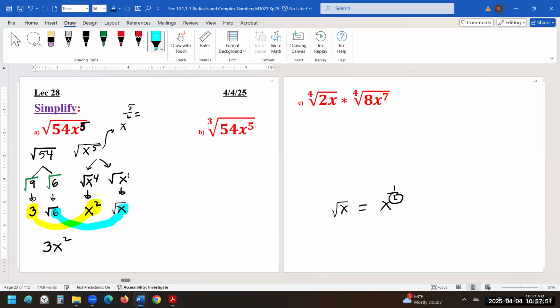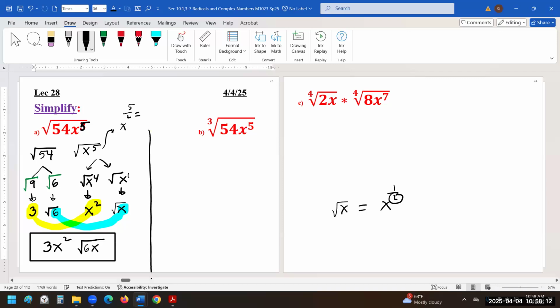So we put them together inside one house. And then we are finally done. Any question?